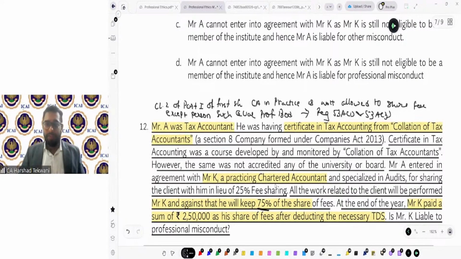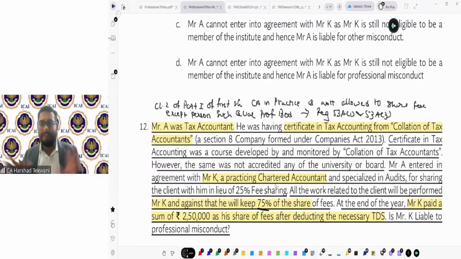I can write, just as a hypothetical example, section 8 company. Everyone will understand. Whosoever has the knowledge of the Companies Act will understand what a section 8 company is. But if I write company formed under section 8 of the Companies Act 2013, it's more appropriate.